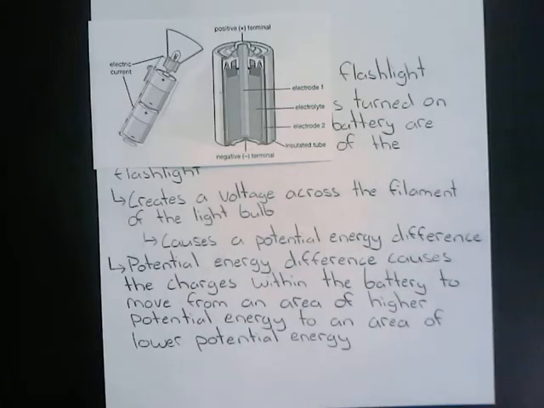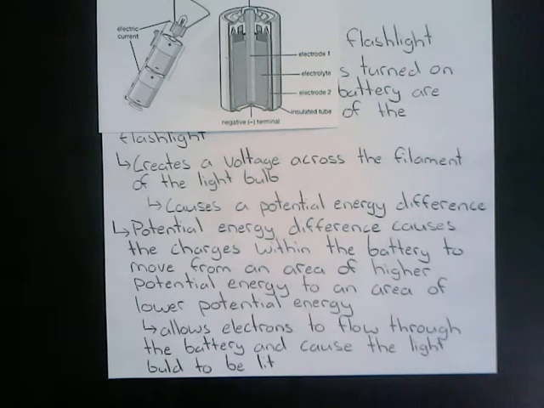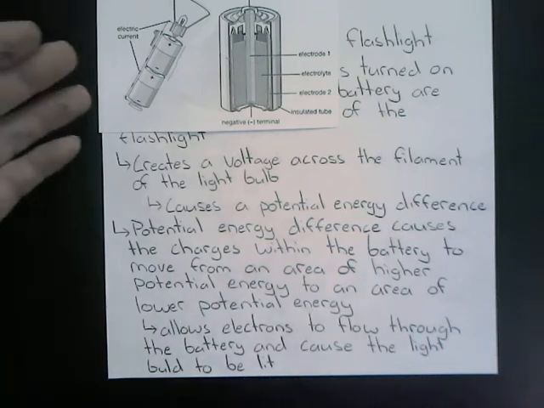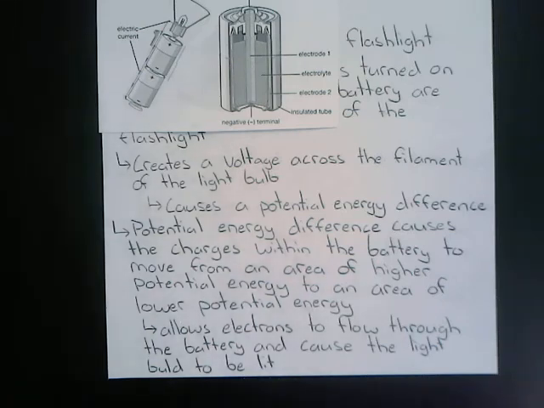Now, as these charges move from an area of high to low potential energy, it's going to cause electrons to flow through the battery and allow the light bulb to be lit. Okay, so now we have an understanding of how our typical everyday batteries work and how they can be used to power something as simple as a flashlight.